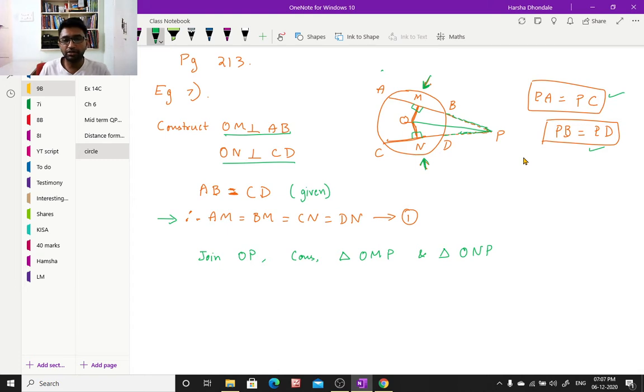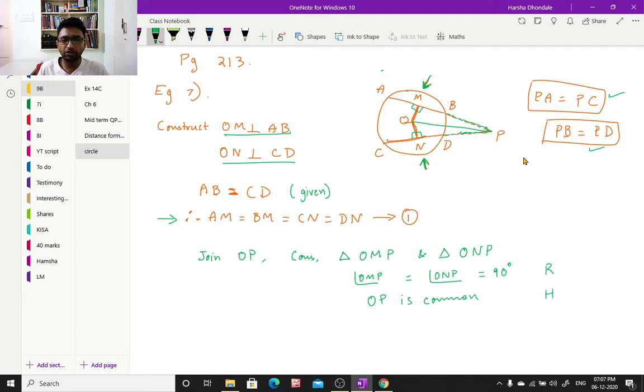So first, the right angle OMP is equal to angle ONP is equal to 90 degrees. We have shown the right angle in both triangles. Then OP is the hypotenuse, and it is common.